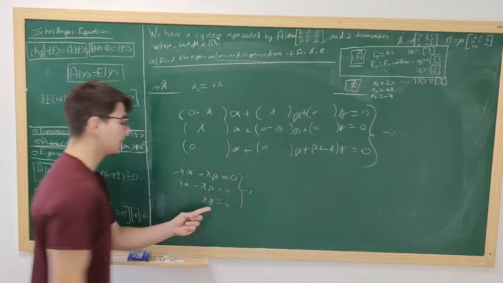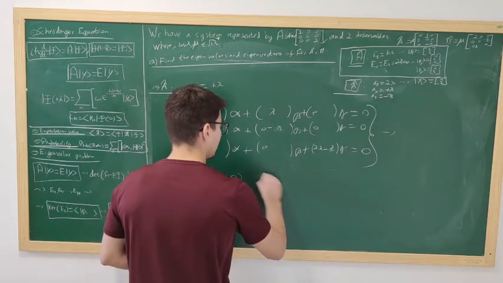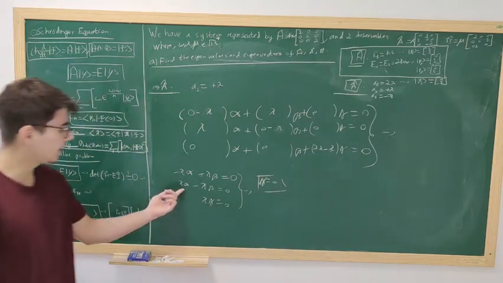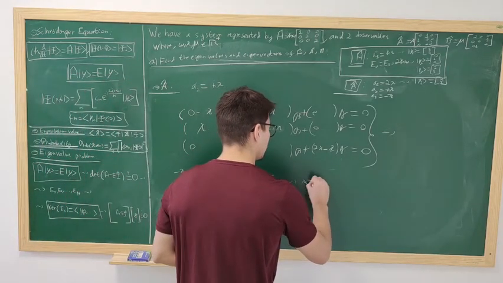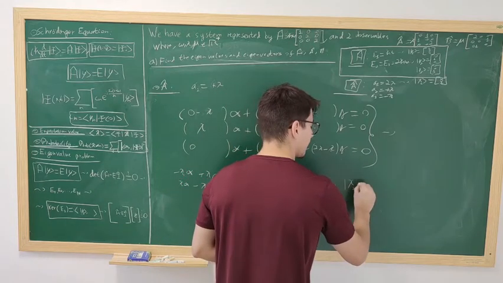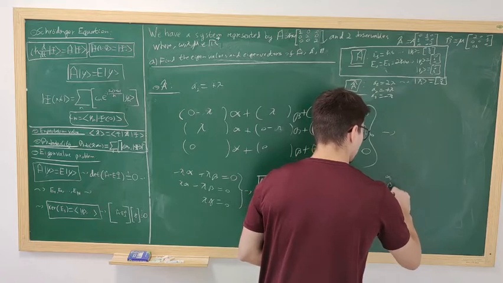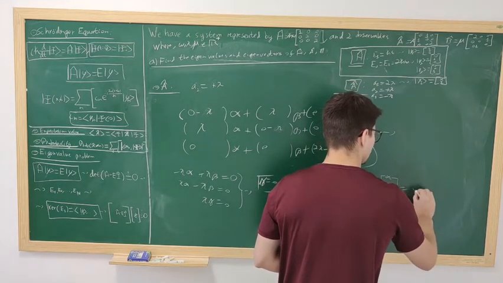So gamma has to be 0 because lambda is not 0, and alpha has got to be equal to beta for this to hold. So our second eigenvector is alpha, beta, and 0, but beta is equal to alpha.